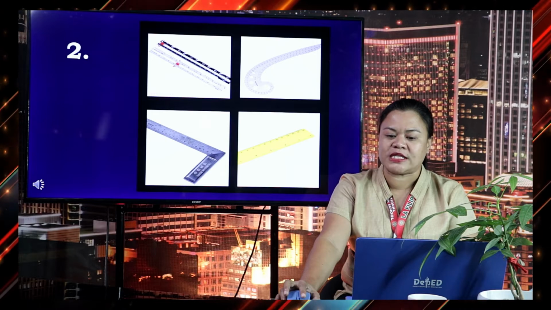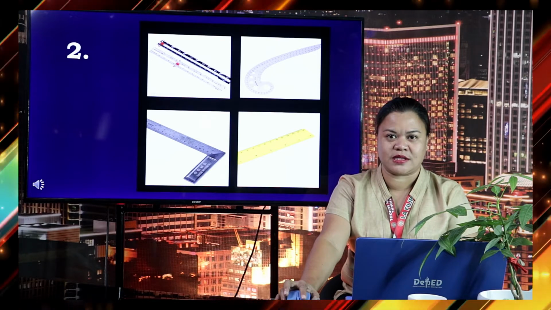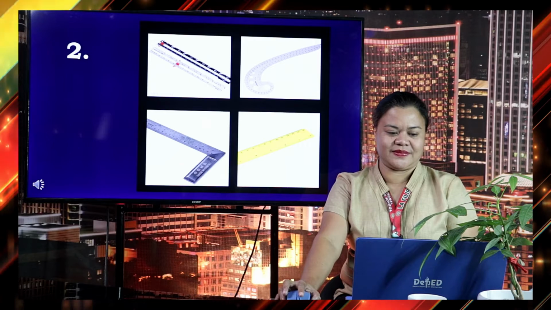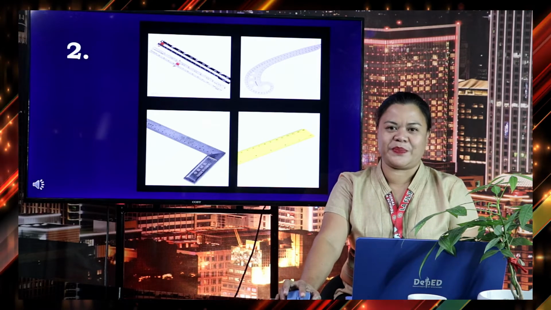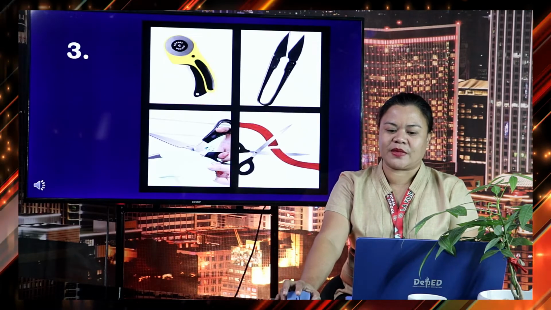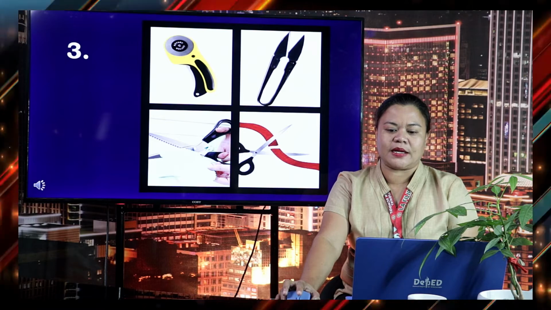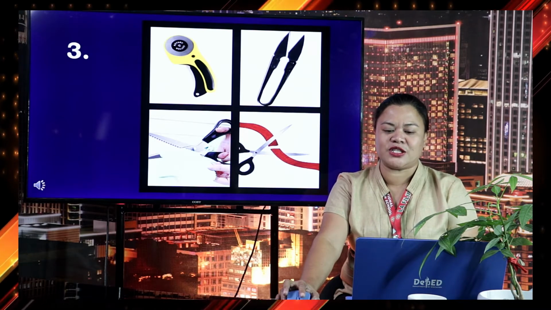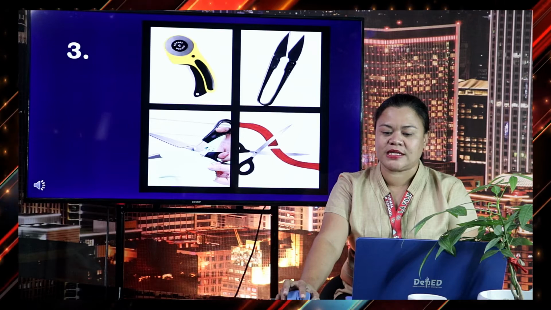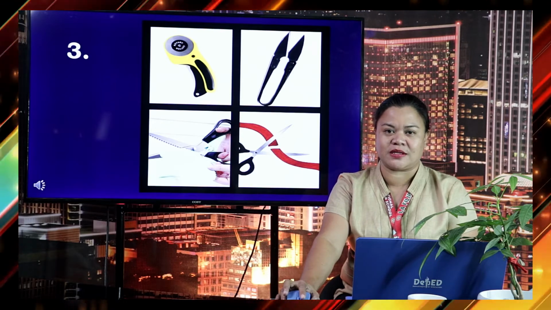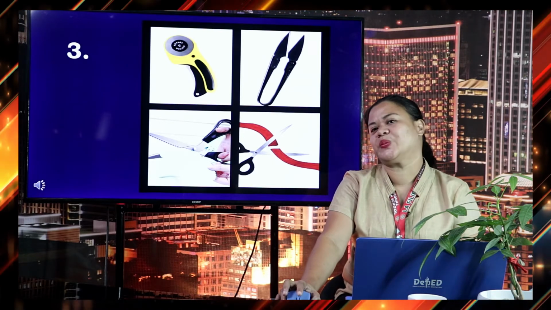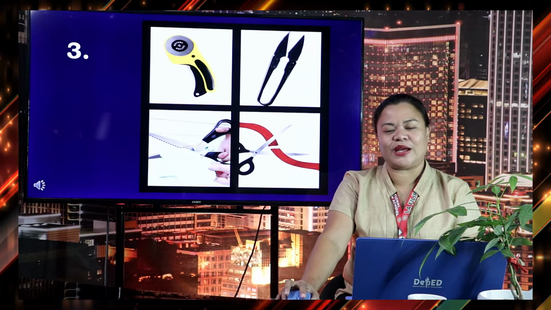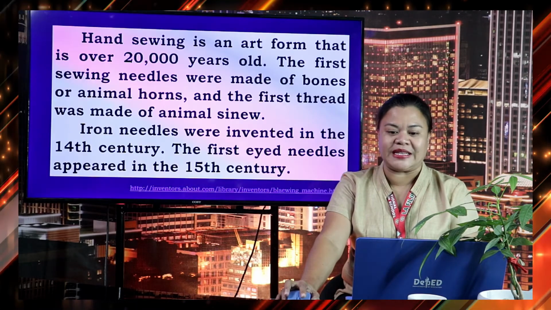What specific word fits with the theme of the pictures? Third: rotary cutter, thread clipper, pinking shears, dressmaker shears. What specific word fits with the theme of the pictures? Okay, so later we're going to reveal the answer.